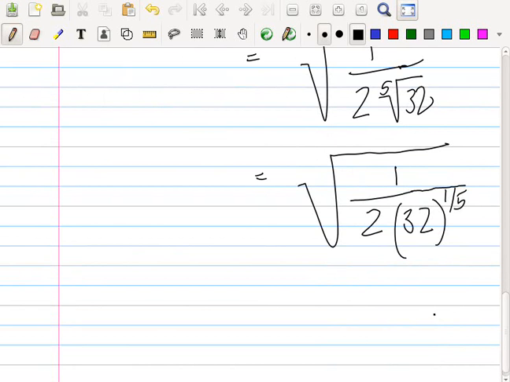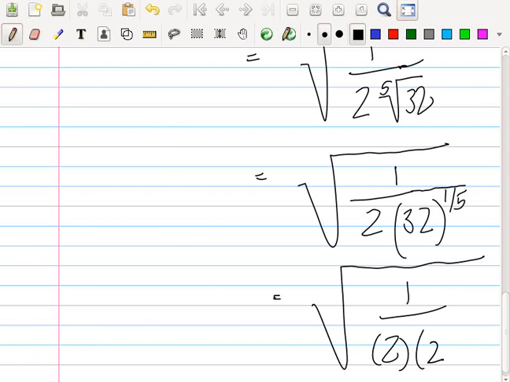Yeah? Can't take the fifth root straight away. Yeah, if you had your calculator. But in the exam, they would sometimes say things like, simplify this, showing the steps. So, 32, I should write that as a power. What is 32 as a power? 2 power 5, isn't it? So this is 1 over 2, and then 32 is 2 power 5, and then power 1 over 5.